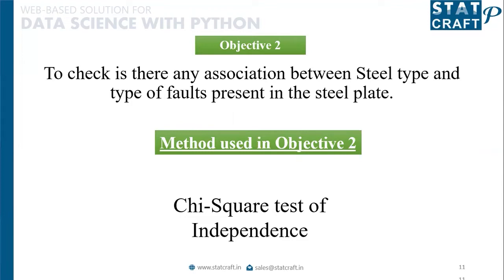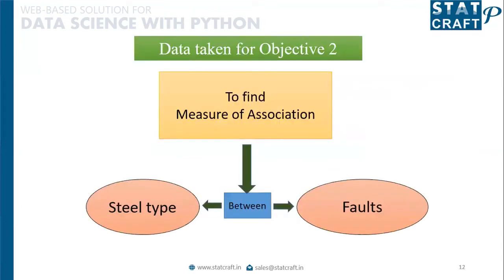What is the technique that we have used to answer this particular objective? We have used a statistical technique, which is called the Chisquare test of association. To perform the Chisquare test of association, I will take you to Statcraft. But for those people who are new to statistics and Chisquare, let me just quickly explain what this test does.